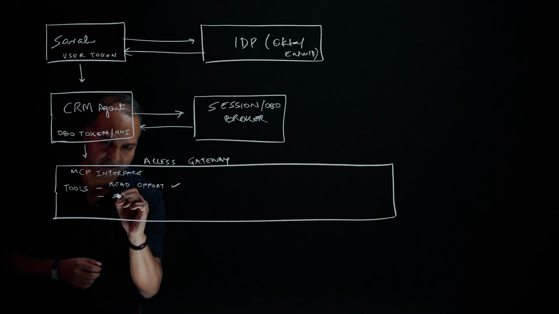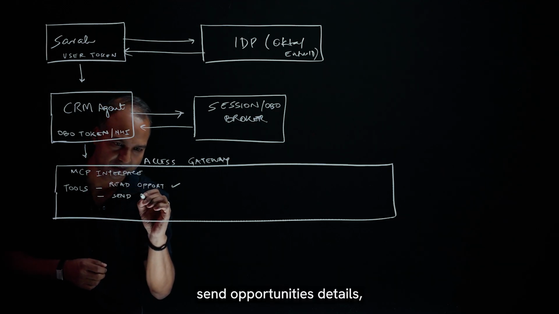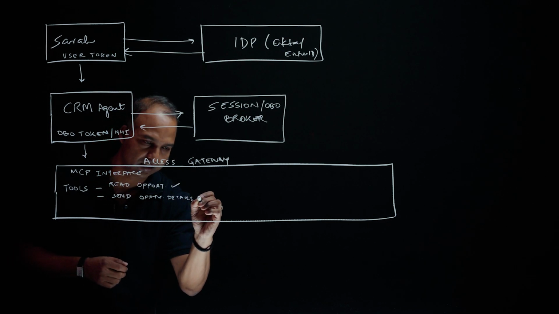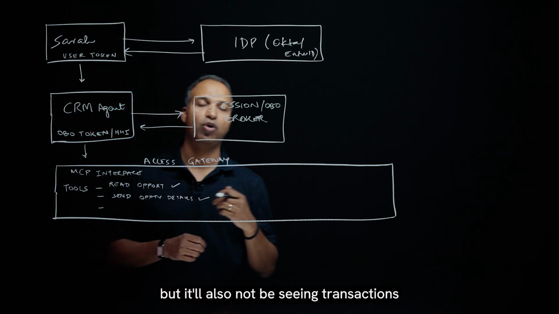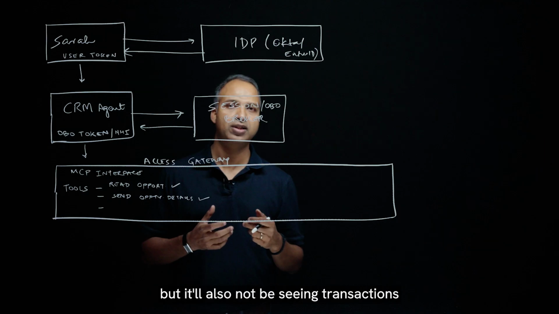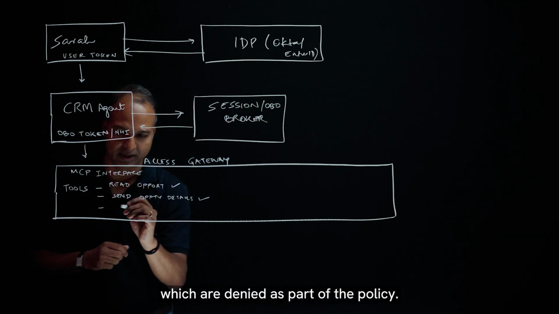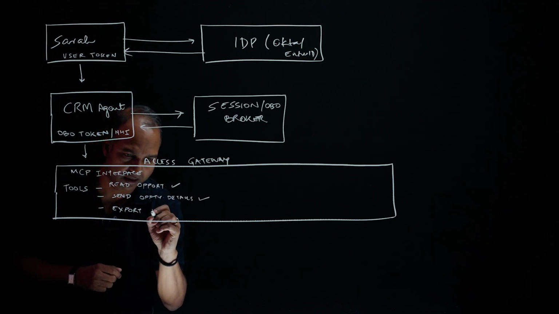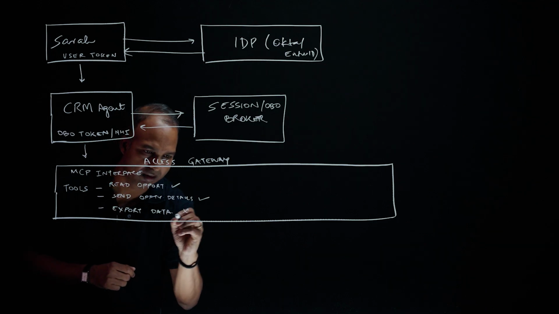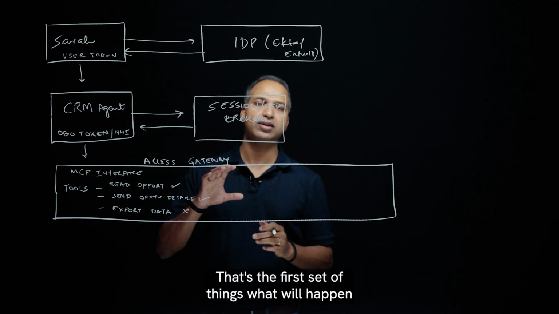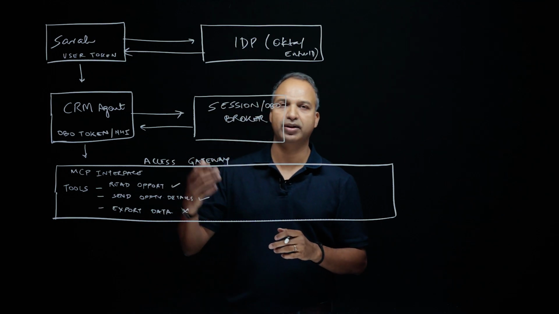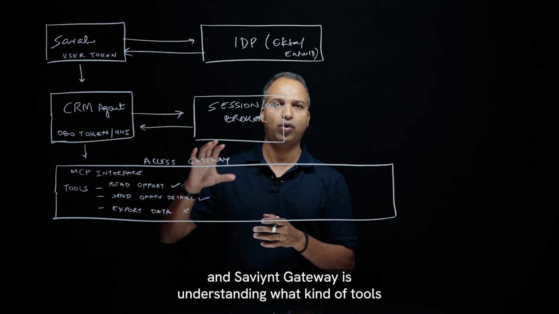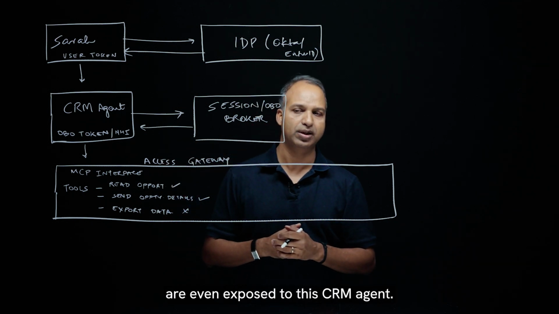It will start saying send opportunity details, but it will also not be seeing transactions which are denied as part of the policy. That's the first set of things that will happen when a CRM agent goes to Saviynt Gateway, and Saviynt Gateway is understanding what kind of tools are even exposed to this CRM agent.